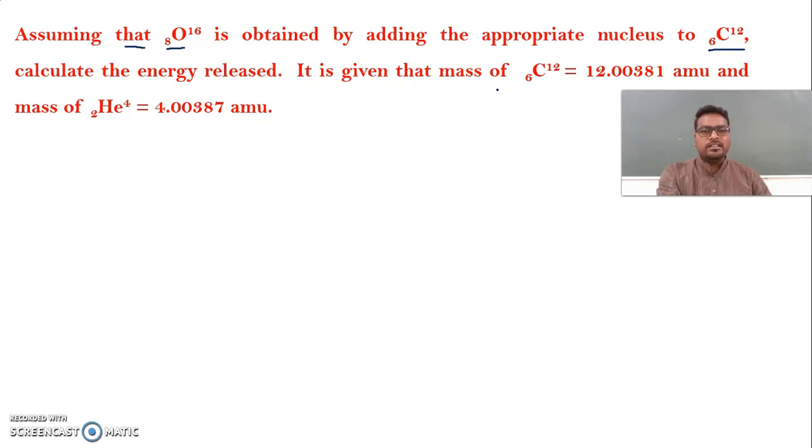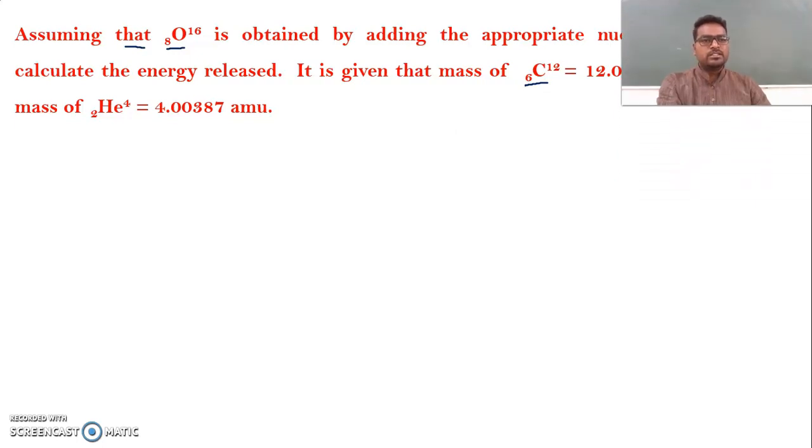It is given that the mass of the C12 isotope is 12.00381 AMU and the mass of helium is 4.00387 AMU. Okay, dear students. So first let us try to understand what exactly he has given and what we are going to identify in the given problem.